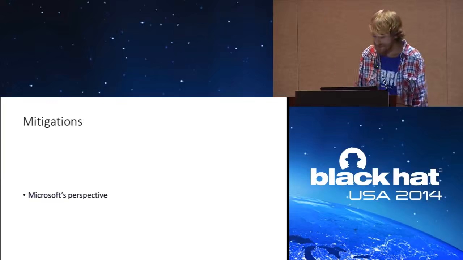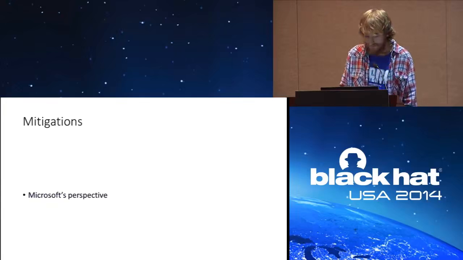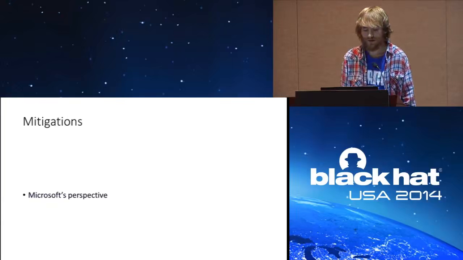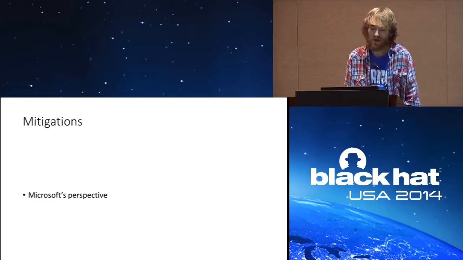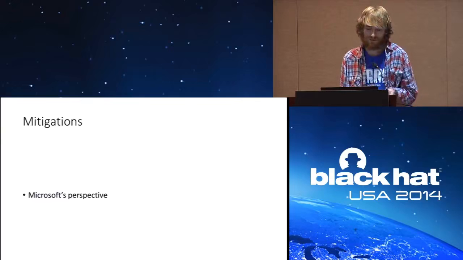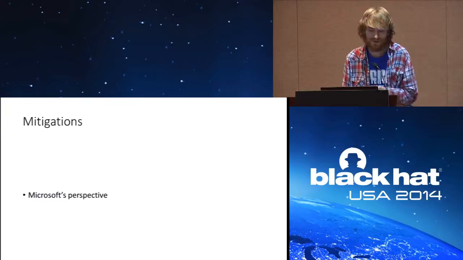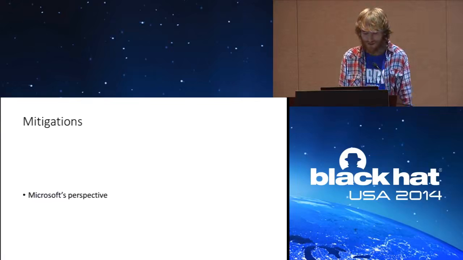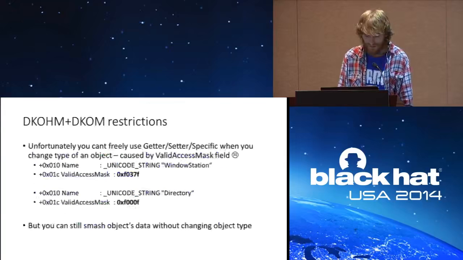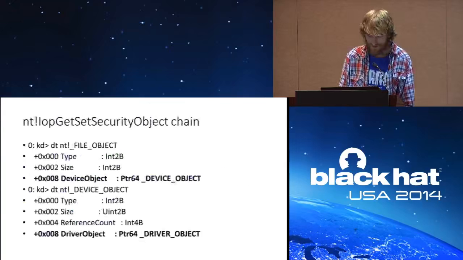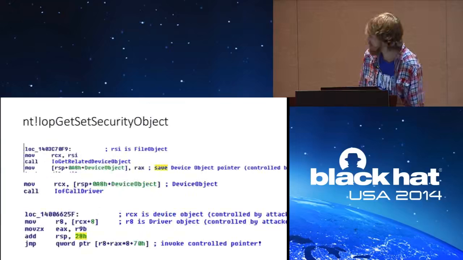So, talking about mitigations. I can talk about the hardware perspective, because with SMEP, I bypass SMEP since I don't play with it. I don't try to disable or bypass it. Talking about SMAP, it's nice because, let's take a look.